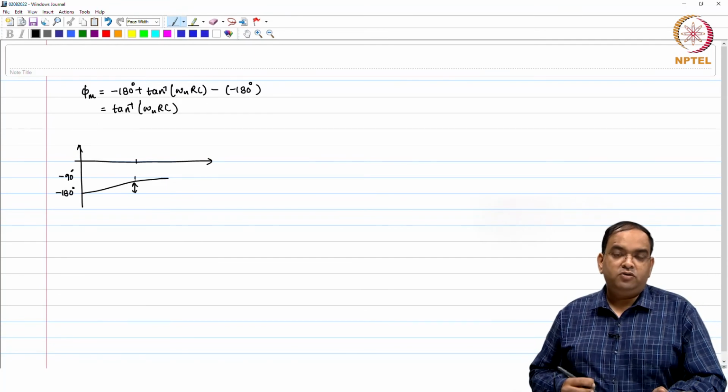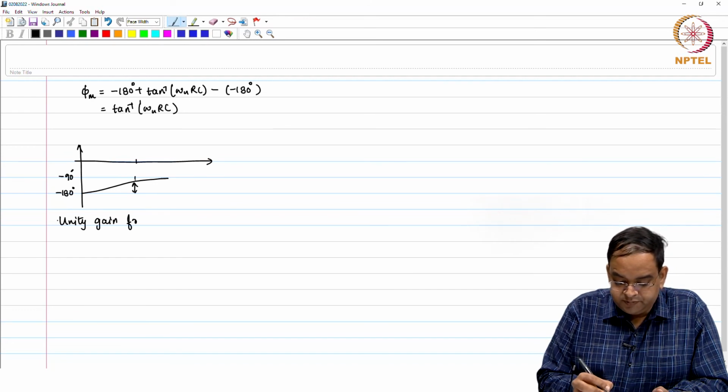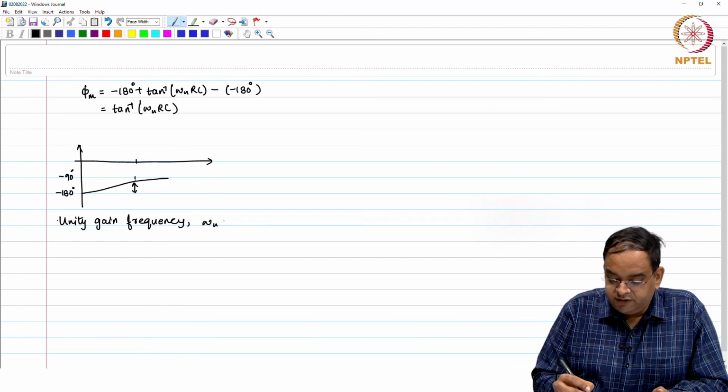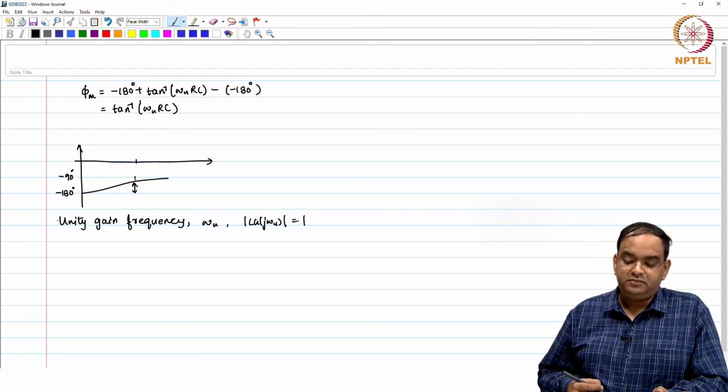Now, the question is how to find omega u. Well, for unity gain frequency omega u, you have modulus of loop gain at omega u equal to 1. Okay.